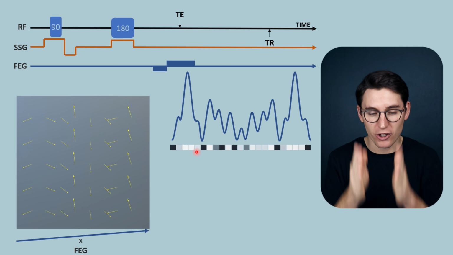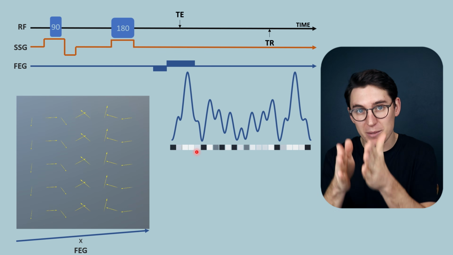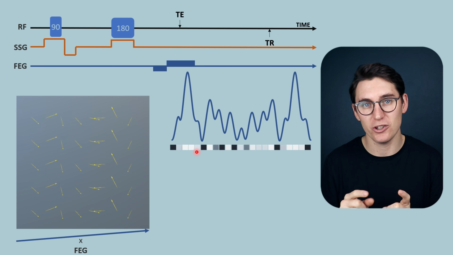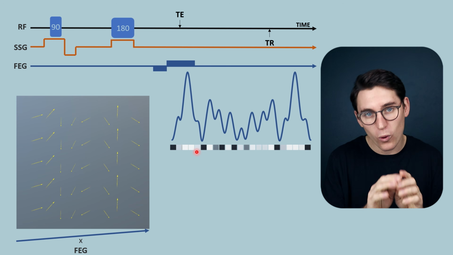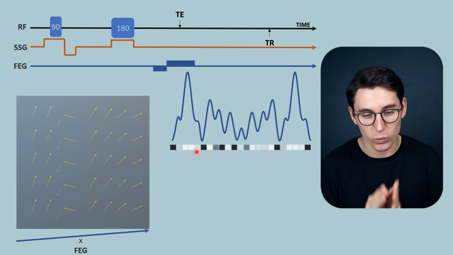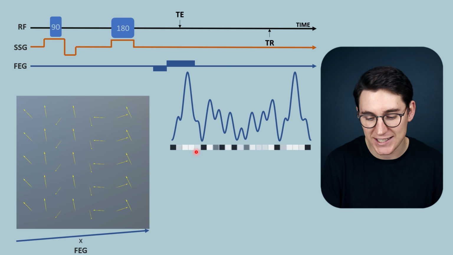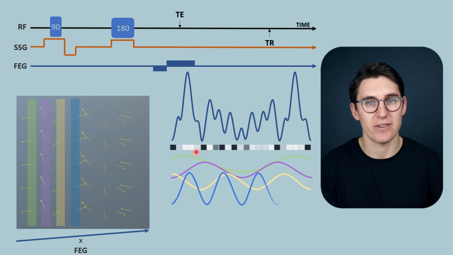Each column along the x-axis here is going to have a different amplitude depending on the type of tissue that is sitting within that column. Now, depending on the pulse sequence we use, that signal is either going to come from the proton density, or the signal differences are going to come from T1 or T2 differences. What we want to do now is take these values here and tease out which signals are contributing to these values.